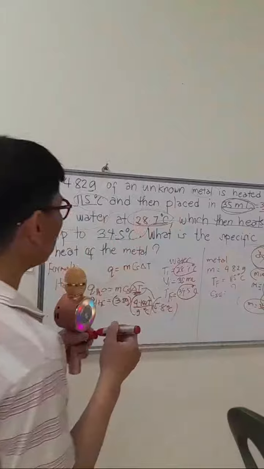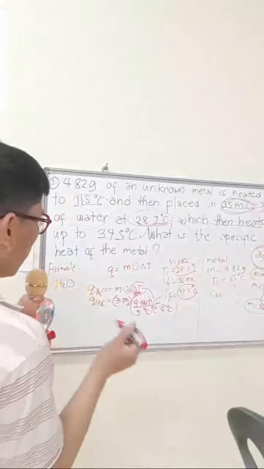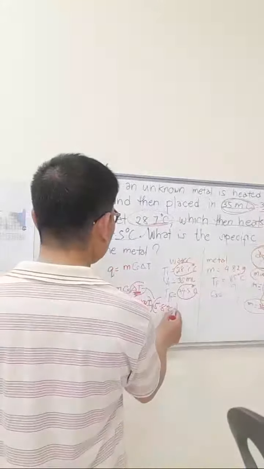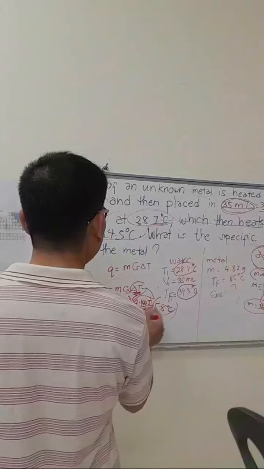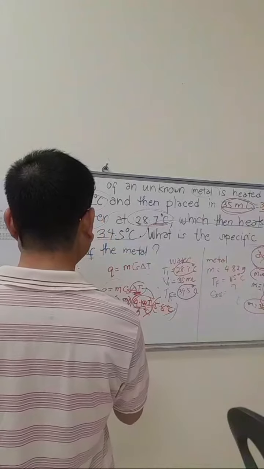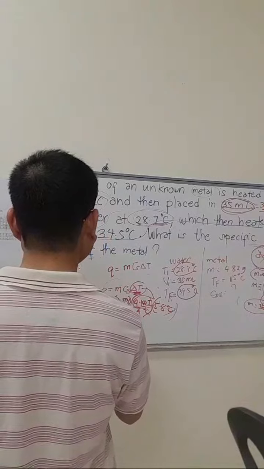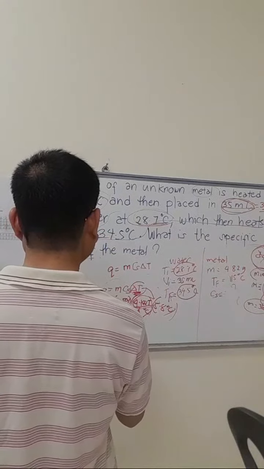Now, simplify. Cancel what is being cancelled. So gram, Celsius, Celsius. What will remain is the joules. So the heat of water is being absorbed by the metal.